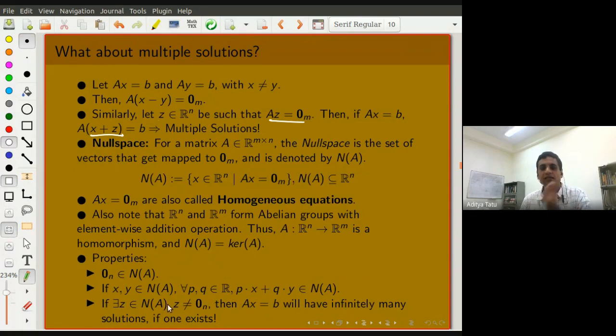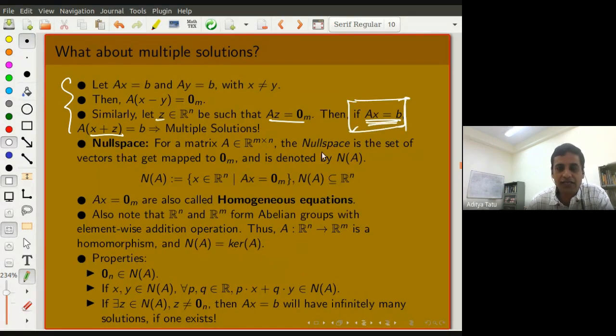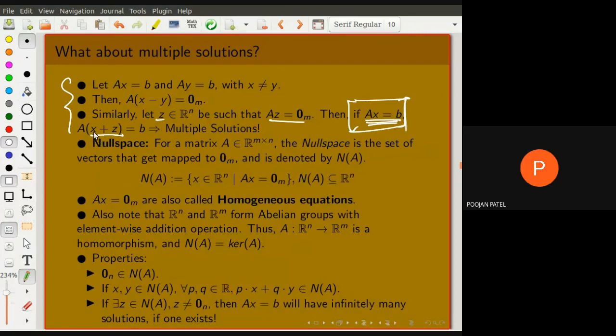So what I'm trying to say here is, in the first part of the slide, we saw that if there are multiple solutions, then there will be a non-zero vector z such that Az is 0. And vice versa, if there is a non-zero vector z and if Ax is equal to B, and this part is important, then so is A into x plus z.